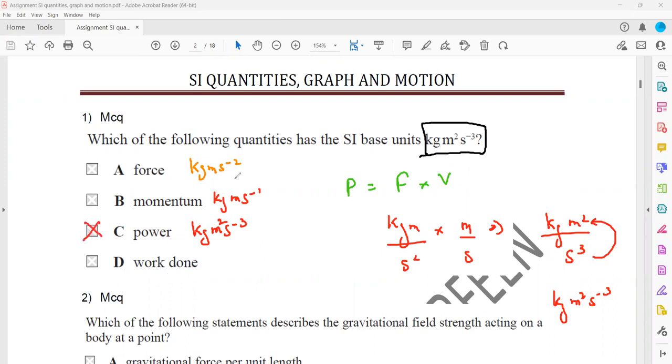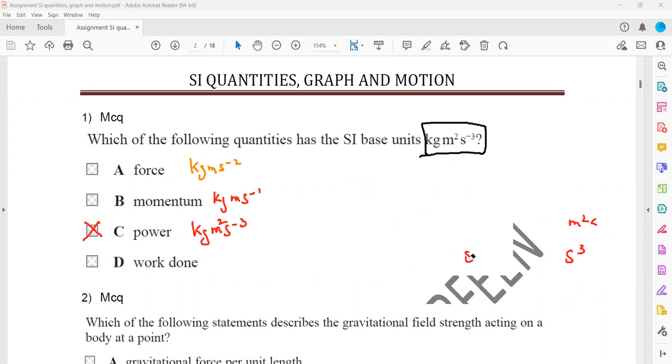And what about work done? Even though we know the right answer is C, we can also work out the base unit for work. The formula for work is the product of force and displacement. The unit of force is Newton, but the base unit is kilogram meter per second square.